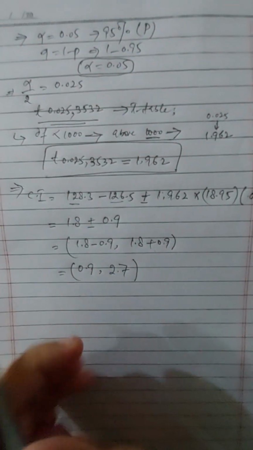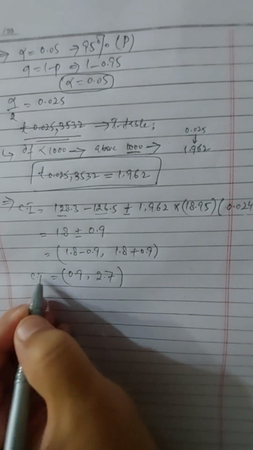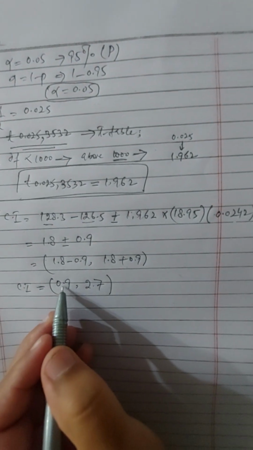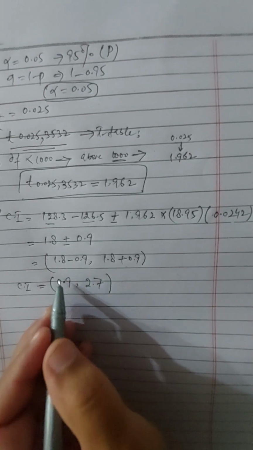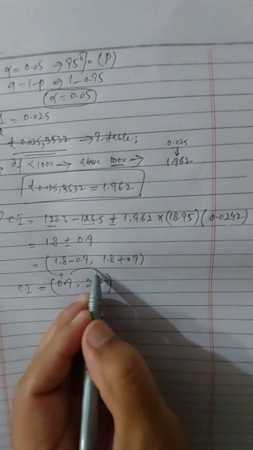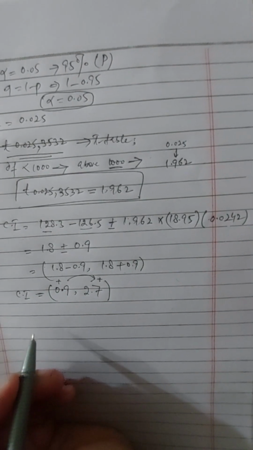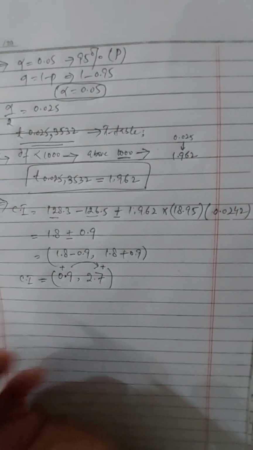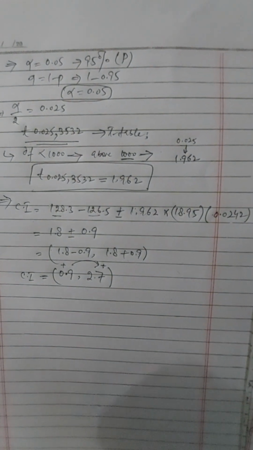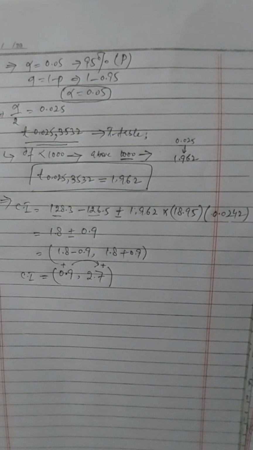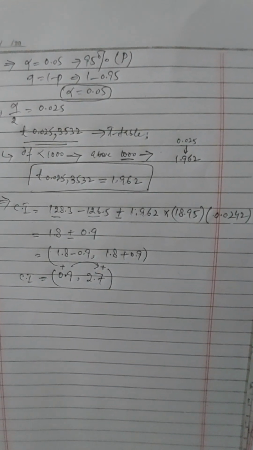Now we see that in this confidence interval the value starts from positive and on the other side it is also positive. It means that the difference is positive, and the blood pressure means for men and women differ significantly.